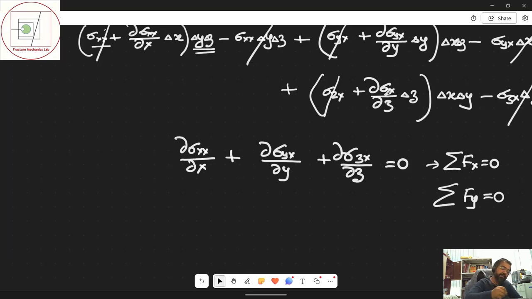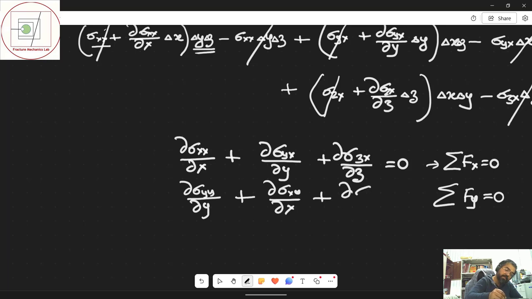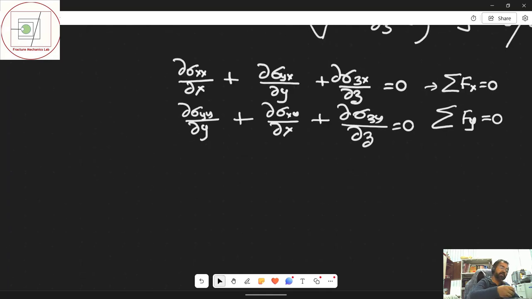Following the same pattern, you can yourself write that it will be del sigma yy by del y plus del sigma xy by del x plus del sigma zy by del z equal to 0. And similarly, there will be one more equation, and this set of equations is the stress equilibrium condition.